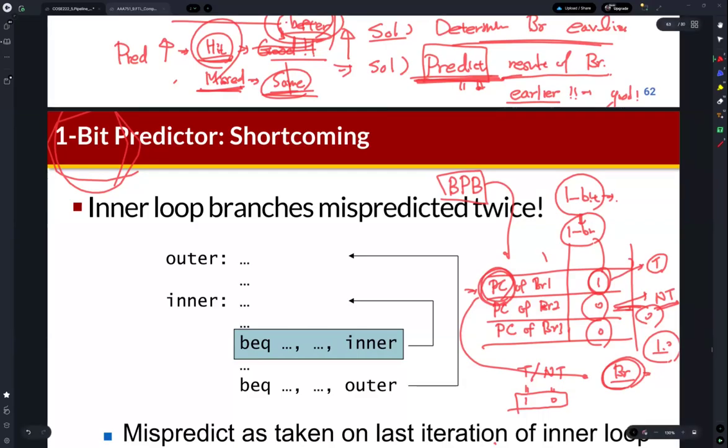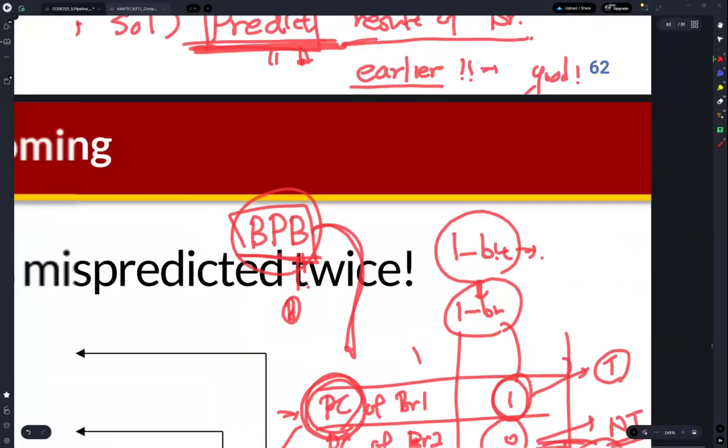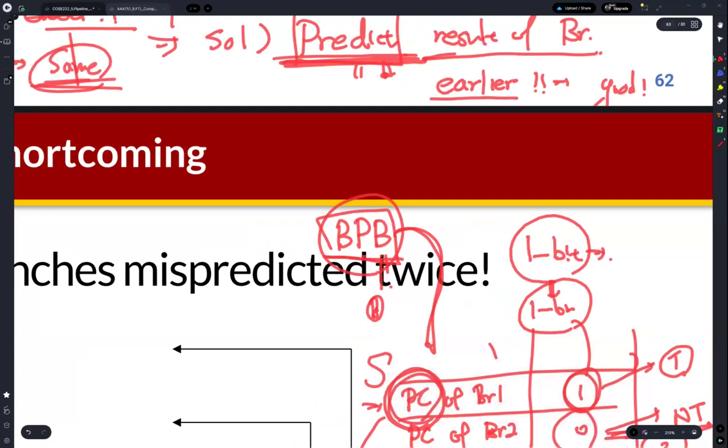So it's called a buffer. It's a temporary memory. And the branch prediction buffer is accessed, indexed by the PC. The branch prediction buffer is in the instruction fetch stage.